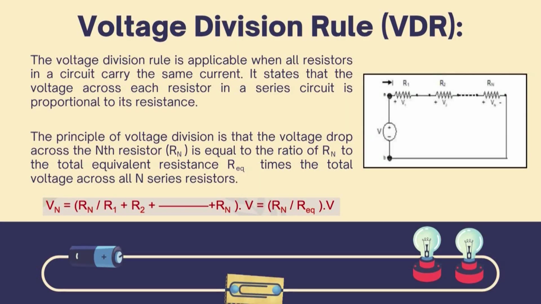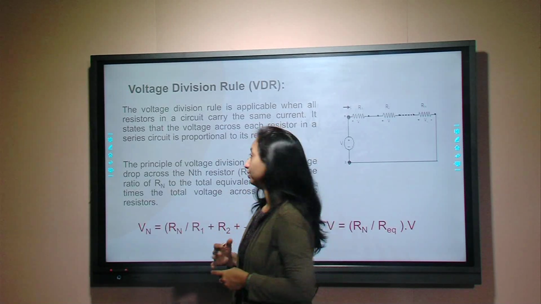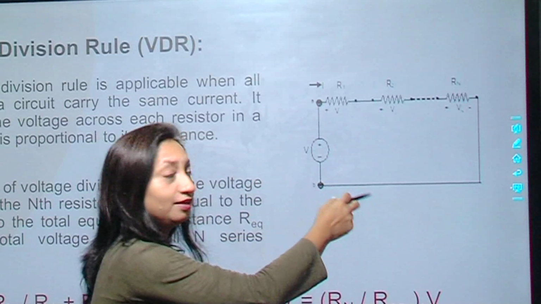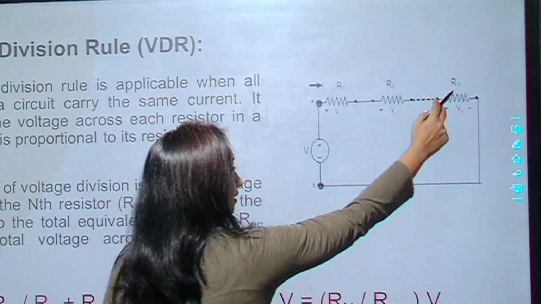This voltage division rule is applicable when all the resistors in a circuit carry the same current, that is, all are connected in series combination. It states that the voltage across each resistor in a series circuit is proportional to its resistance. The principle of voltage division is about the voltage drop across the nth resistor. In this circuit there are a number of resistors: R1, R2, and so on up to Rn.